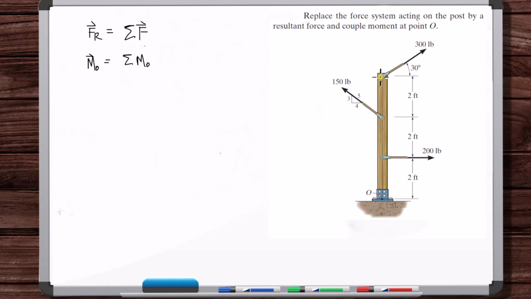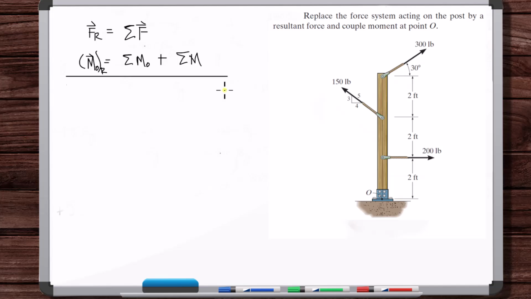So you sum the moment of this force about that point, the moment of this force about that point. Those are all vectors. You sum all those moments, but then you also add to that any couple moments as well, right? Couple moments are free vectors, so you just slide those free vectors over to point O. And that's your resultant force and couple moment at point O.